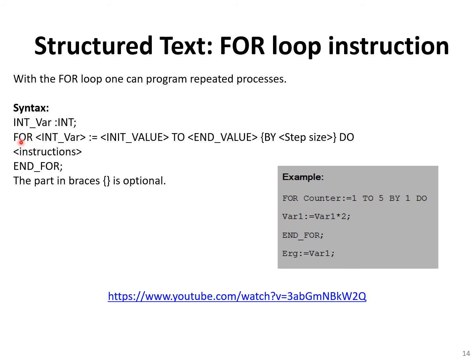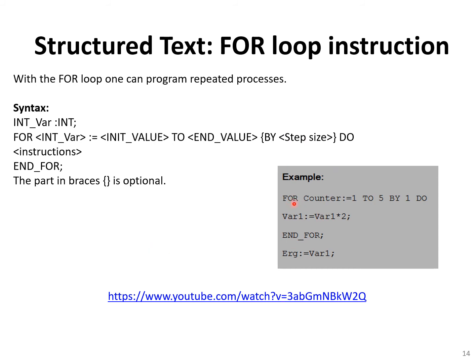Here we have our for loop: for integer variable equal to initial value to end value by step size, do instructions, then end for. We could avoid having this step size here. Anything in braces, in these curly brackets, could be avoided. These are optional.